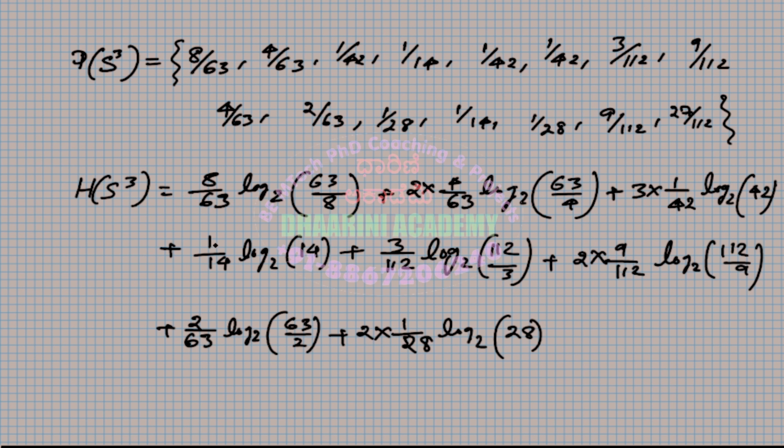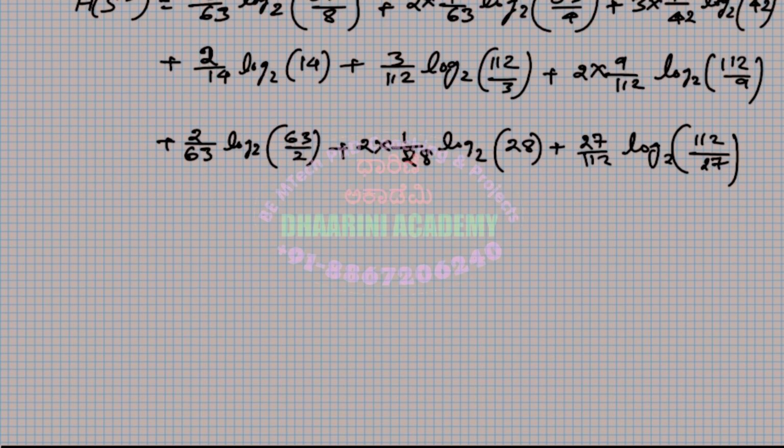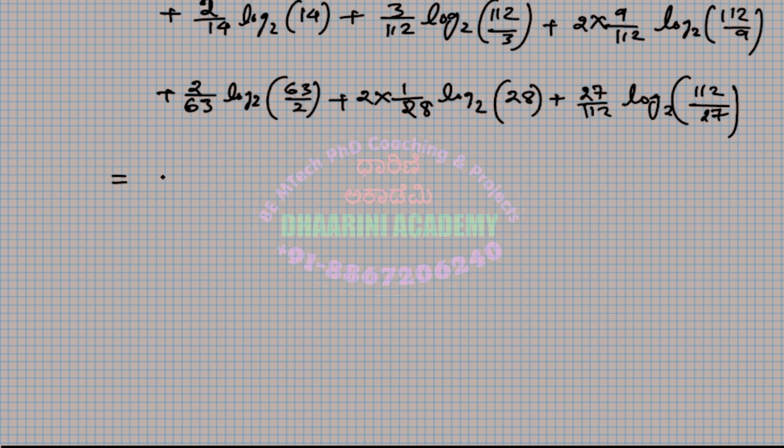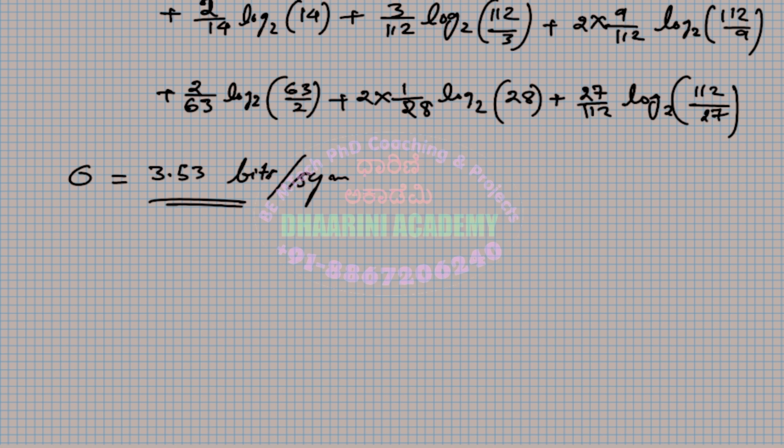The term which we had earlier also I wrote 1 by 14, I'll make it 2 by 14. Plus 27 divided by 112, log to the base 2 112 by 27. When we solve this, whatever answer I got, I'll write here. This is 3.53 bits per symbol. So this is actually H of S cube.